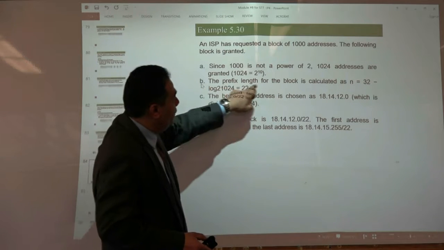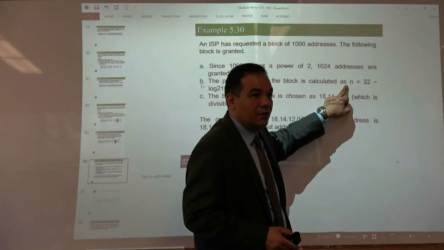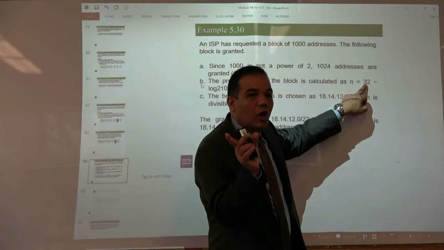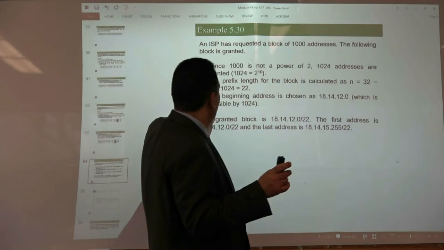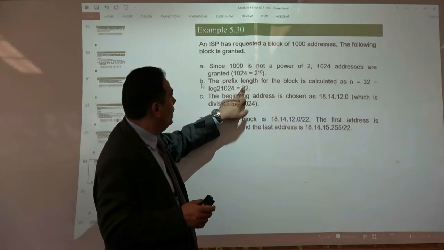The prefix length for the block is calculated. How can you calculate the prefix? In total there are 32 bits, and 10 go to the host. How many remain for the network address? 32 minus log2 of 1,024, which is 22.